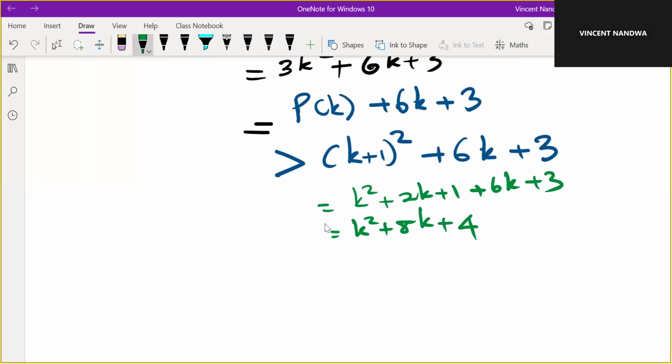Now, these are quadratic expressions. What is the product? 4, sum 8, numbers. Numbers will be?